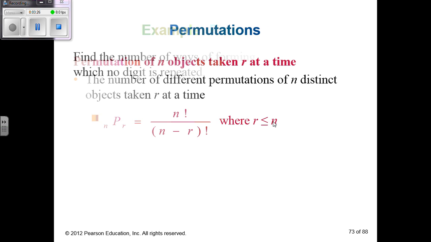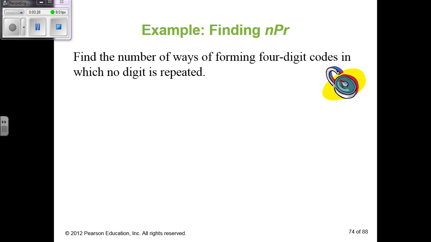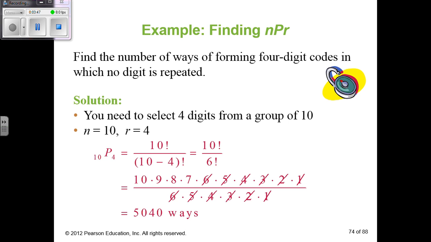An example of a permutation would be a 4-digit code. Now notice, if my code is 4321 and your code is 1234, we have the same 4 numbers, but the order that we say them makes it a different code. So order matters when we're doing codes.